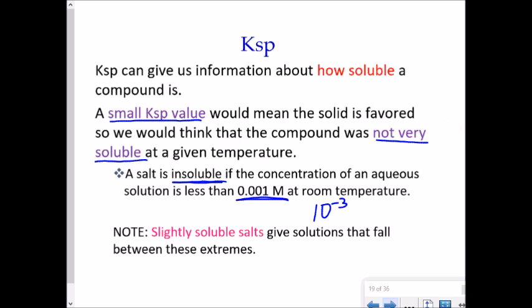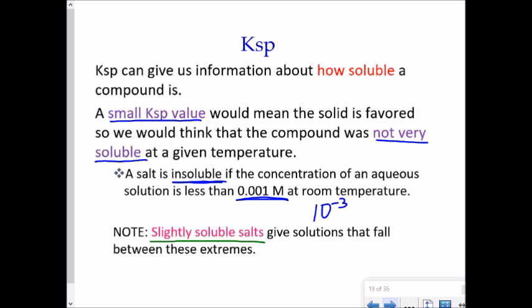Now that means this is 10 to the minus 3, right? So that means there's a range from the -1 to the -3, right? And guess what? The ones that fit in that range are called slightly soluble salts. So you have insoluble, slightly soluble, and soluble. Three definitions here. The ones that fall in between those extremes are those slightly soluble salts.